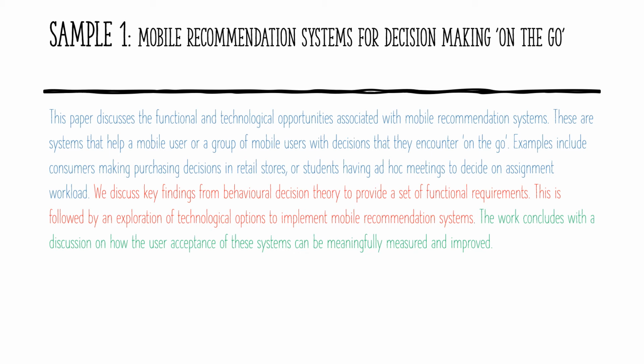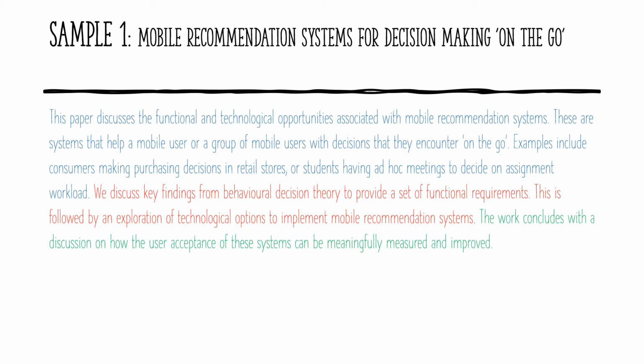There are systems that help a mobile user or a group of mobile users with decisions that they encounter on the go. So this is the background of the study. And we discuss findings from behavioral studies. This is the method, but they go straight into the method they use in the system.